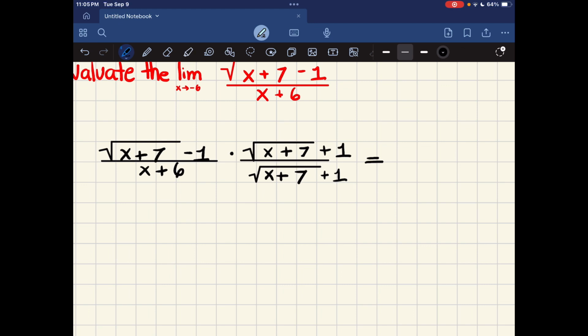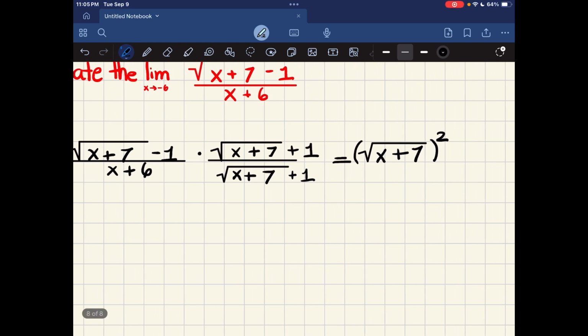So we're going to do parentheses, square root of x plus 7, squared, and then negative 1 squared. Okay, now we're going to do the bottom.